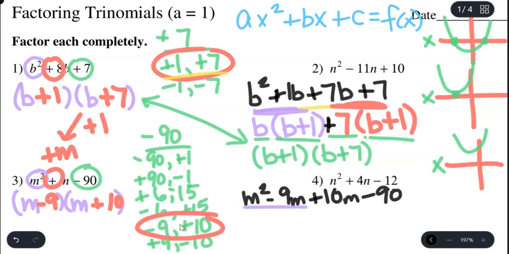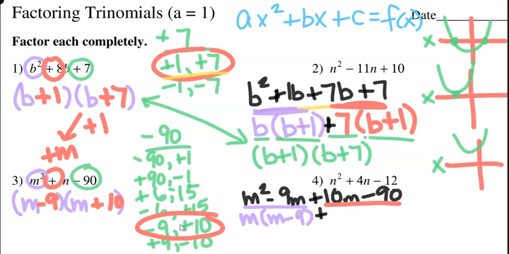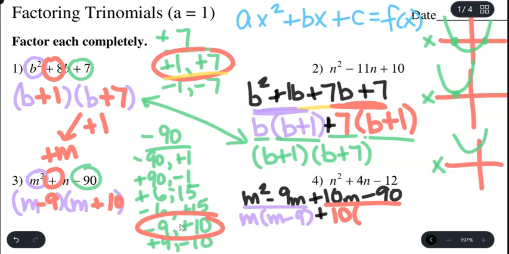Let's look at these by groups again. I want to factor something out of there and something out of there. My first group, I can factor out an m. That leaves me with m minus 9. A plus sign stays there. Then my second group is 10m minus 90. I'm going to factor out a positive 10, and that leaves me with m minus 9.